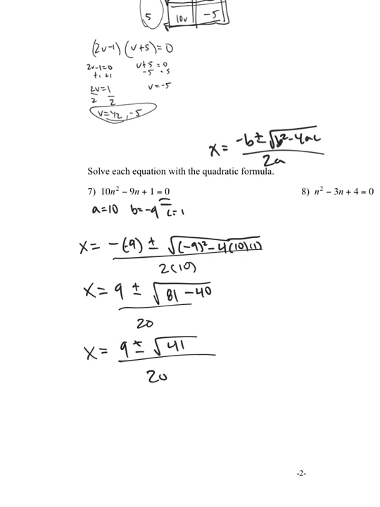Guys, on these quadratic formula problems, if your radical is reduced, let's just leave our answer in reduced form. So everything's reduced there, guys. The square root of 41 isn't going to simplify. But yeah, that's solving using the quadratic formula.